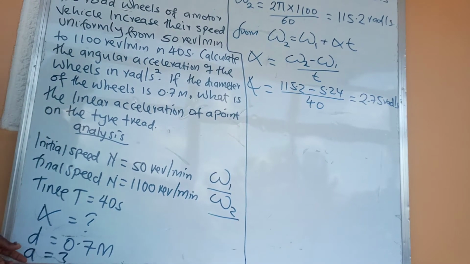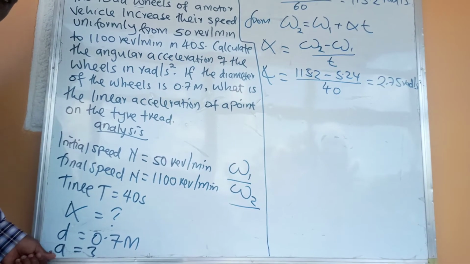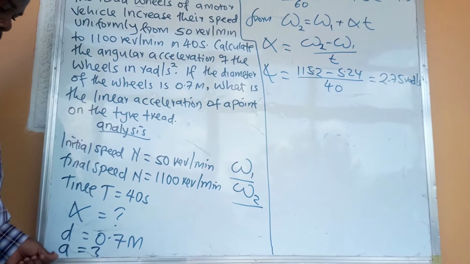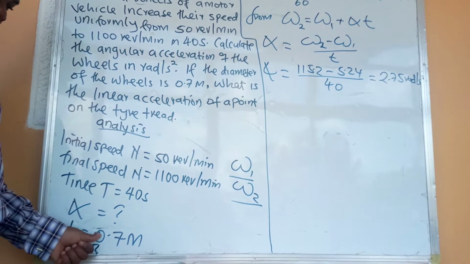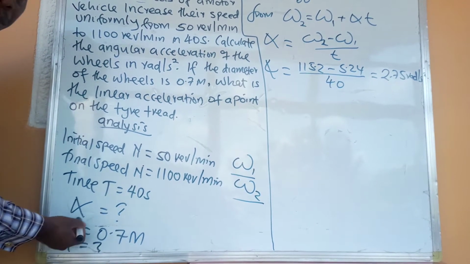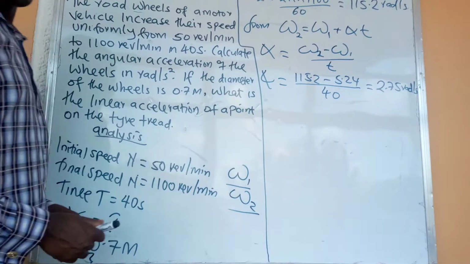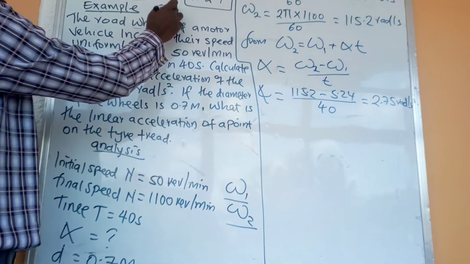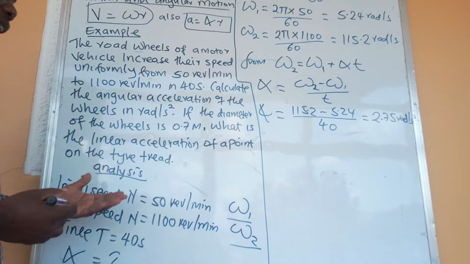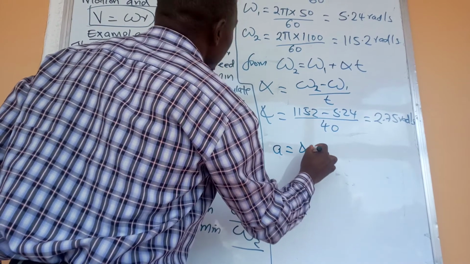Now, part 2 of the question: are you able to calculate the linear acceleration a, given that the diameter is 0.7? Already, we have established angular acceleration alpha as 2.75. So we use the relationship a equals alpha r.